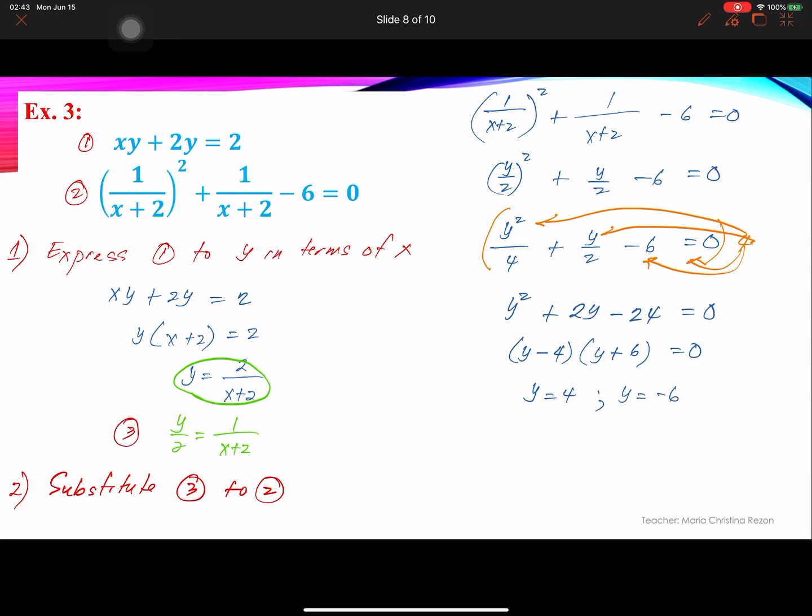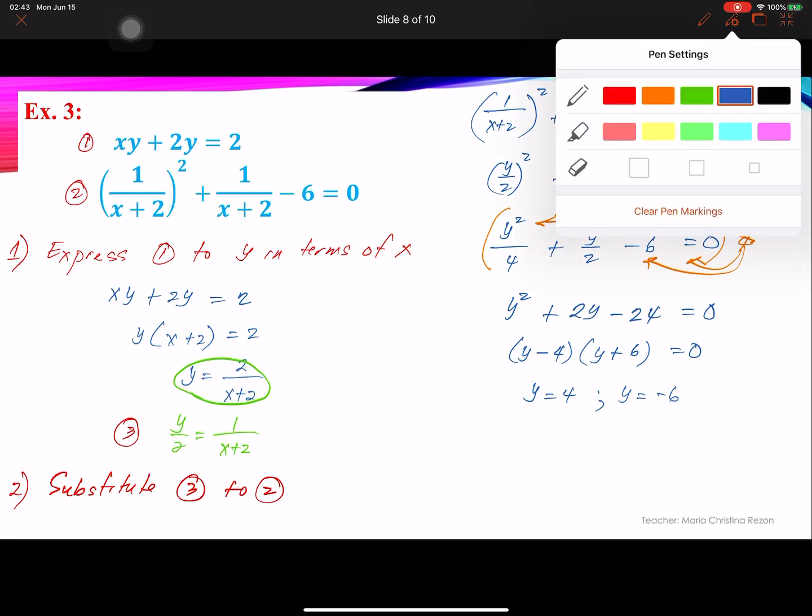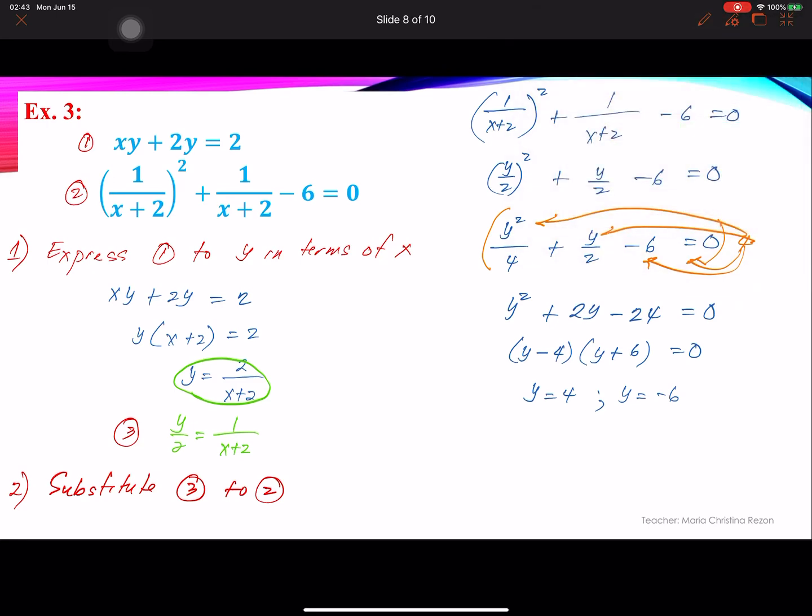Now the question in this problem asks you, what is the value of absolute value of y? So that your solution then would be absolute value of y is equal to the absolute value of 4, which is equal to 4, or the absolute value of y is equal to the absolute value of negative 6, which is 6.